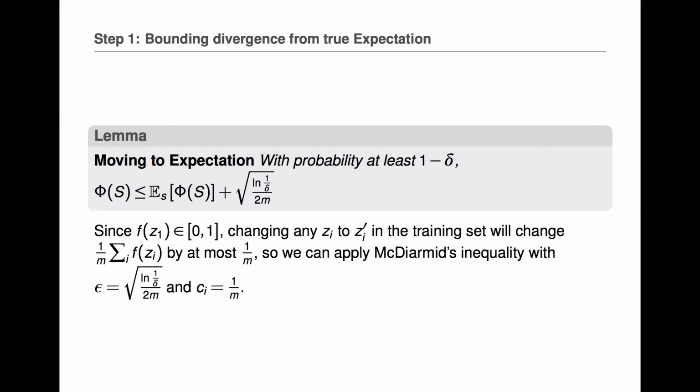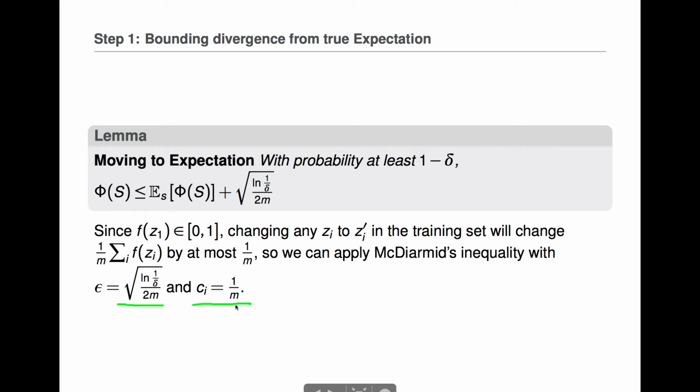The first step in our proof is that we'll show that with probability at least 1 minus delta, phi is less than or equal to the expectation of phi on a sample plus some fudge factor. And we can get that by just plugging into McDiarmid's inequality, with epsilon being this, and Ci being 1 over m.